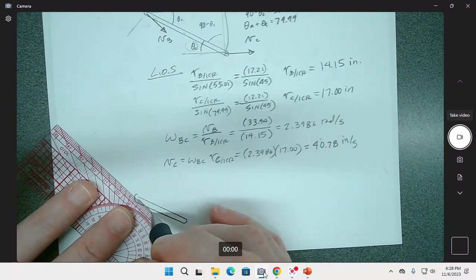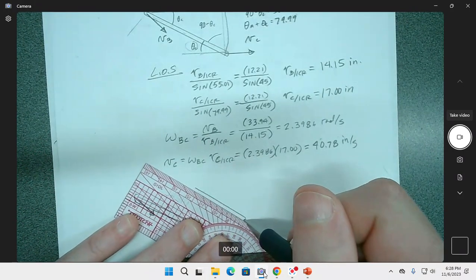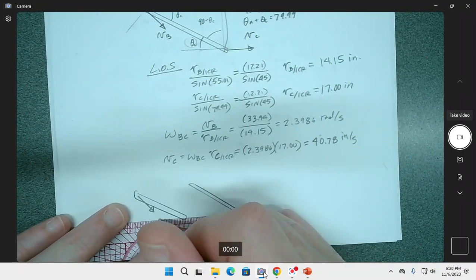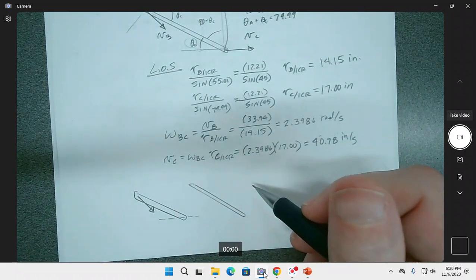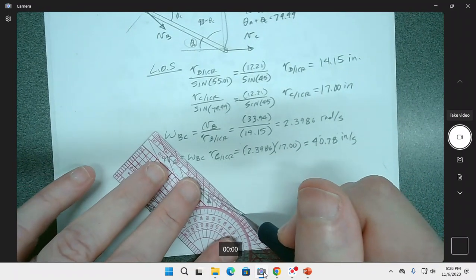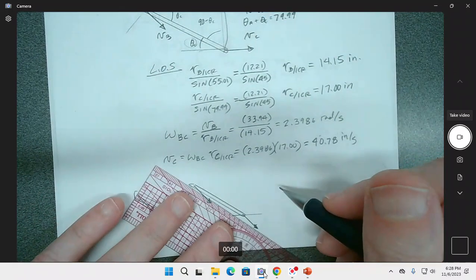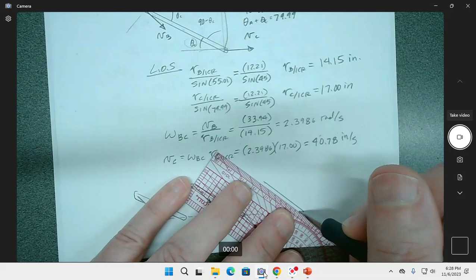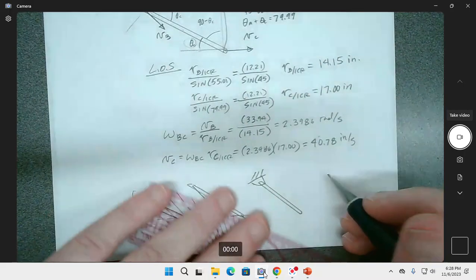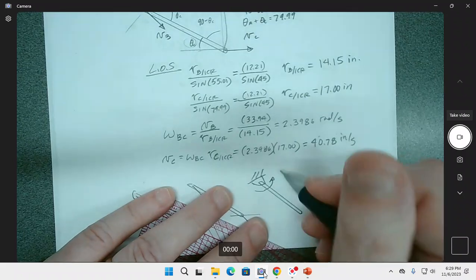here, and this one has to be horizontal. So we get down like that, and then we'll assume omega BC.